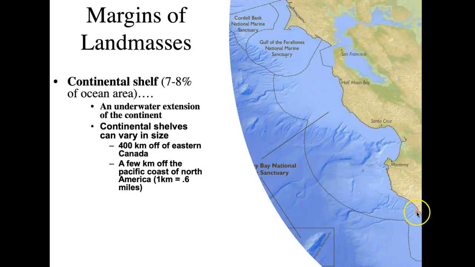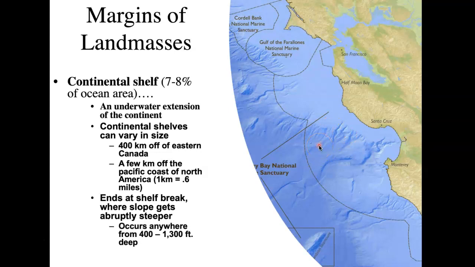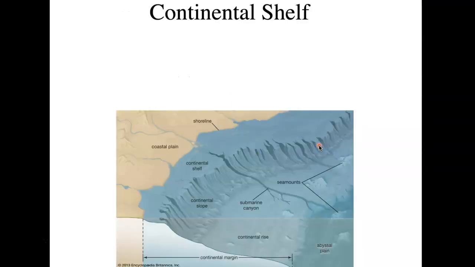So you can have really narrow continental shelves. And of course, the continental shelf ends at the shelf break here, and this is where the slope gets abruptly steeper. This can occur anywhere from, again, 400 to 1,300 feet deep when we hit that shelf break.